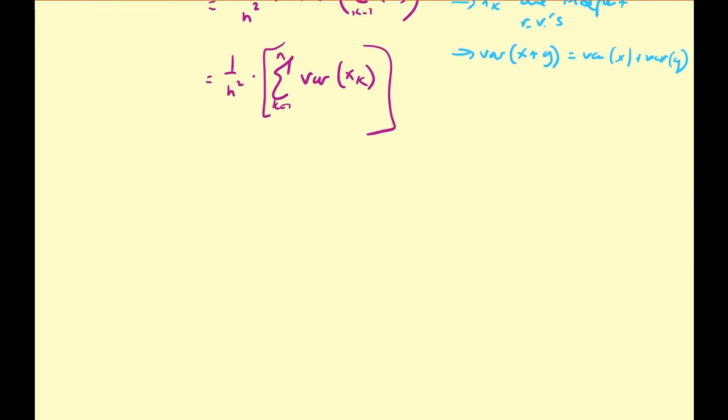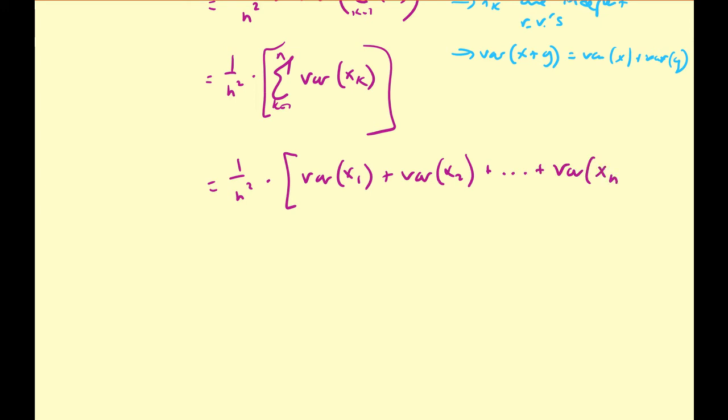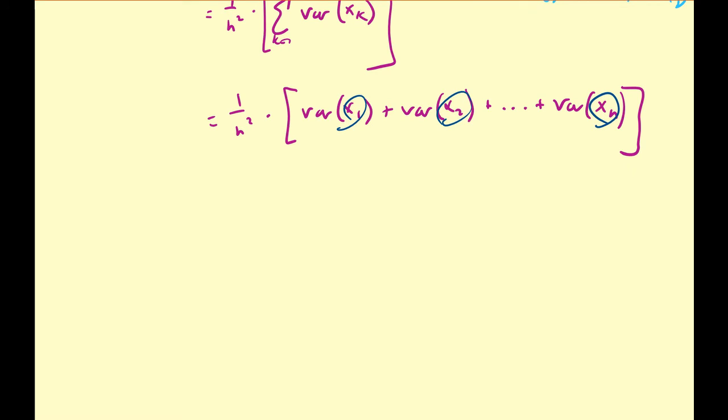I'm going to expand this out so we can see what's going on here. This is equal to the variance of random variable x1 plus the variance of random variable x2, all the way down to the variance of random variable xn. Remember, x1, x2, xn are all coming from the same exact population P. So they all have the same exact variance, namely sigma squared.